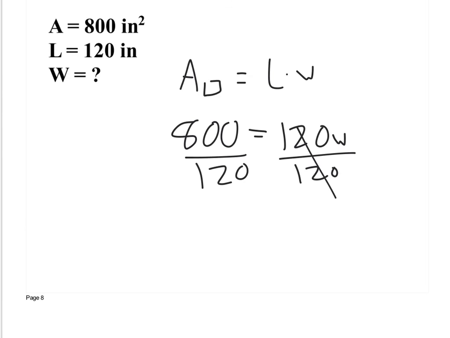What I do to one side, I do to the other. Here's a nice little deal for you. 800 divided by 120. When you have numbers that end in 0, you can divide them by 10, or you can just cancel out the 0 and they cancel each other out. So you do 80 divided by 12, which gives you 6 2/3.